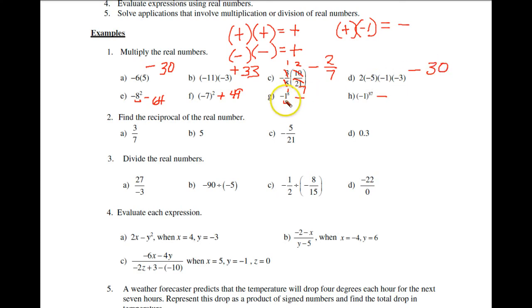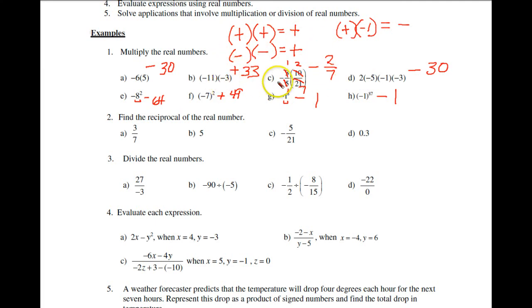And here we said the answer 1 to the 8th power is 1, and then we applied the negative sign. And here this is going to be an odd power that we're raising a negative to, and 1 to any power is 1. Okay, lots of important strategies here.